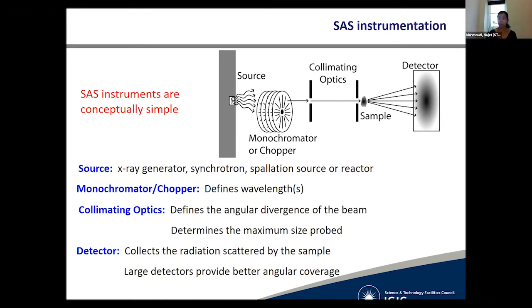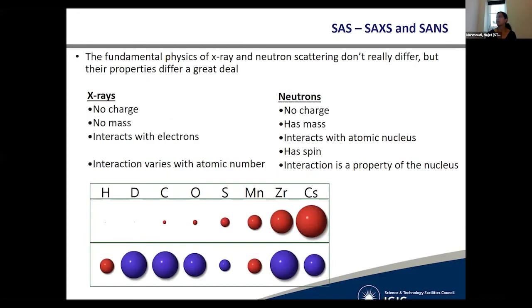For that we use collimating optics, which define the angular divergence of your beam and, most importantly, determine the maximum size that you can probe. And finally, a detector to detect your radiation, where large detectors are usually better. In some cases, we use 2 detectors for a wider Q range.